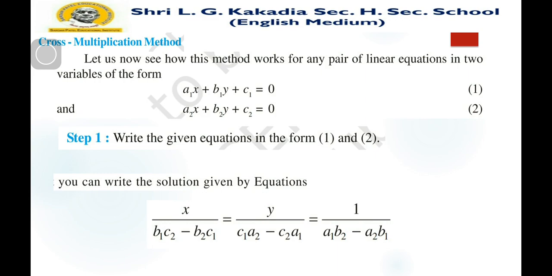Once again we repeat this: x upon b1 c2 minus b2 c1 is equal to y upon c1 a2 minus c2 a1 is equal to 1 upon a1 b2 minus a2 b1.